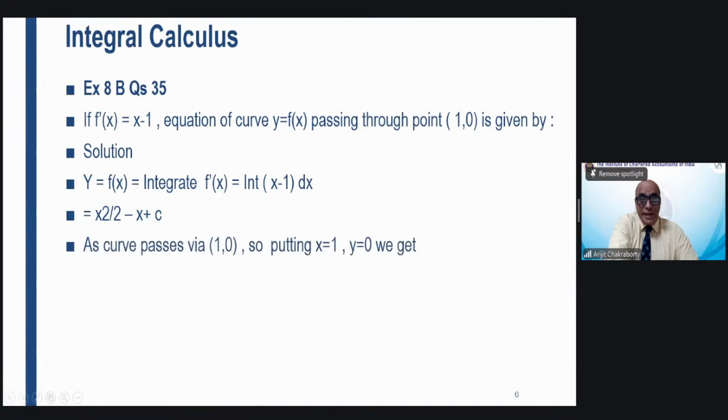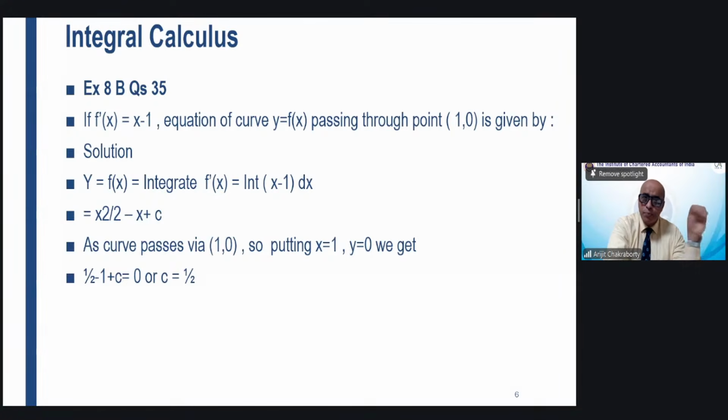Now please see the second part of the question. The question says, as the curve passes via 1, 0, so 1, 0 here means x is 1, y is 0. So if I put x equal to 1 and y equal to 0, we are getting, ये जो equation है, x square divided by 2 minus x plus c.